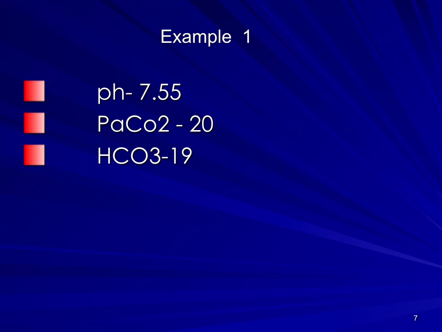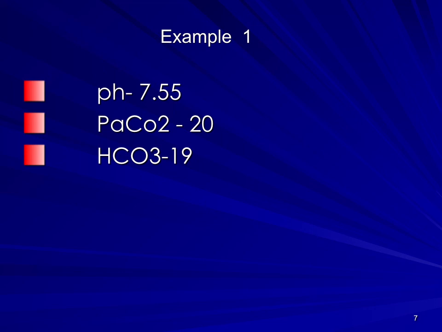Then PaCO2 is 20. That means the carbon dioxide is out of normal. It's low because the normal is from 35 to 45. And bicarb is supposed to be 22 to 26, and it's low. Bicarb is low.